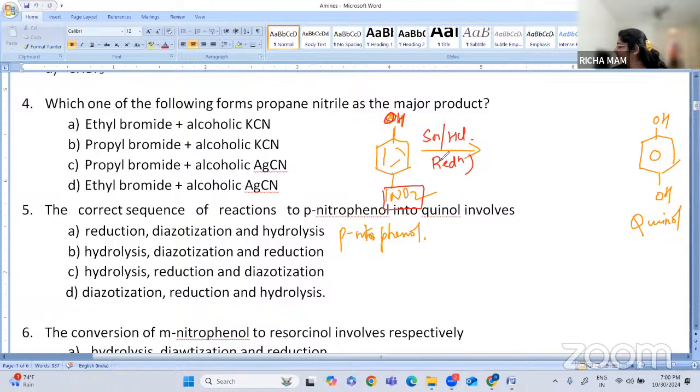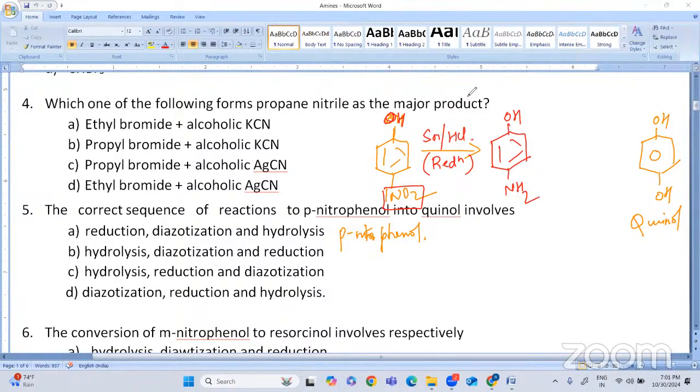When you do reduction, the NO2 group will be replaced by NH2. Nitro group is replaced by NH2 because I'm doing reduction. Reduction is removal of oxygen, addition of hydrogen.